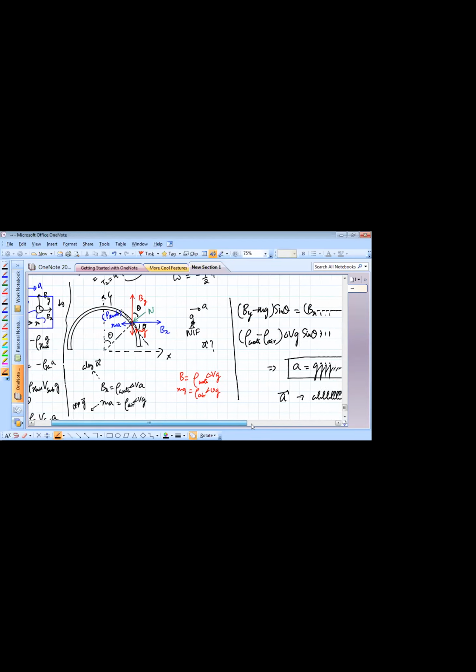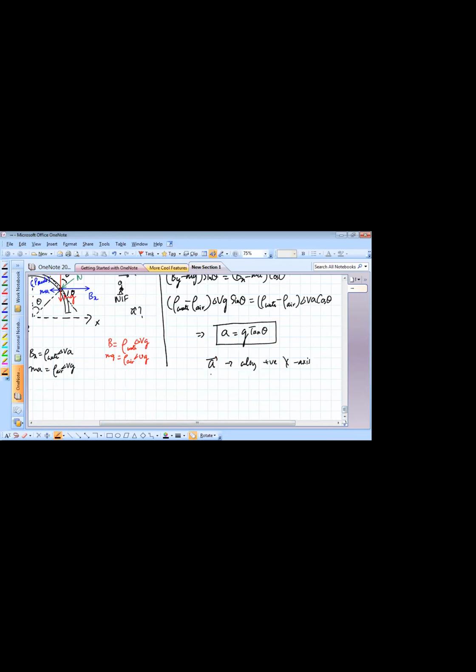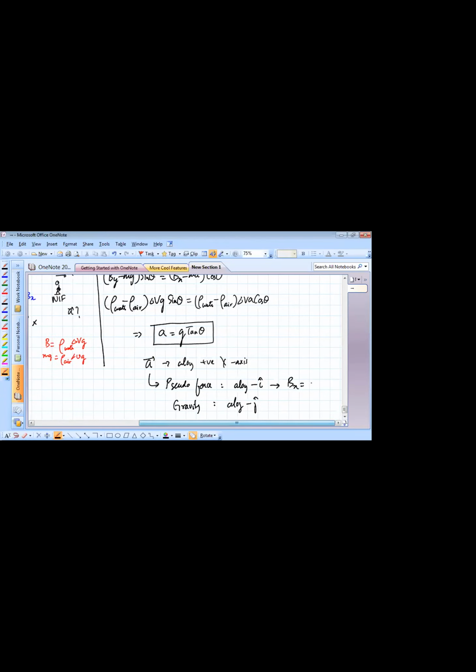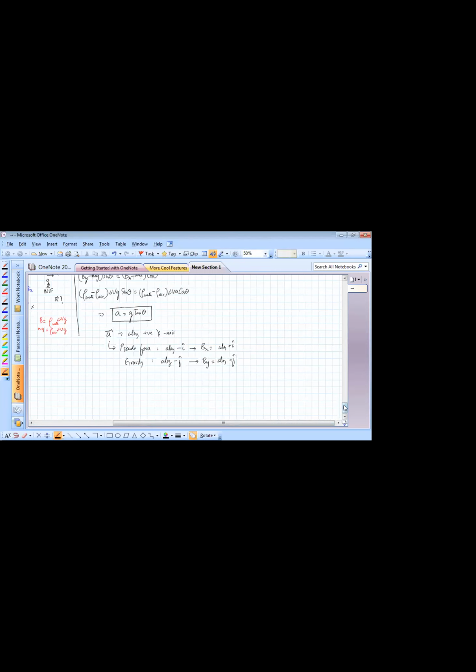So because A is along the positive x-axis, that is why a pseudo force is along minus i cap, and of course gravity is along minus j cap, and that is why your buoyant force's x component is along plus i cap, because it opposes pseudo force, and your buoyant force's y component is along plus j cap because it opposes gravity. So this is a very important general concept in a question like this.